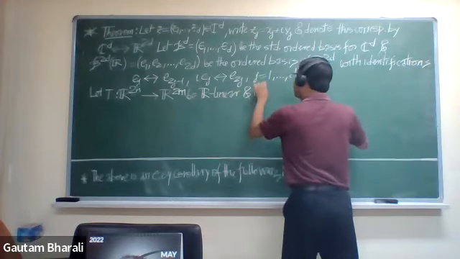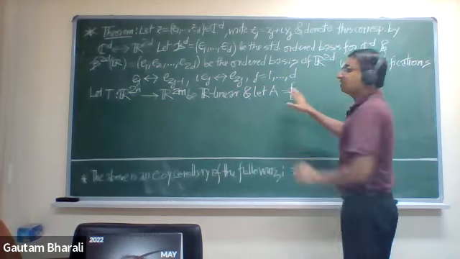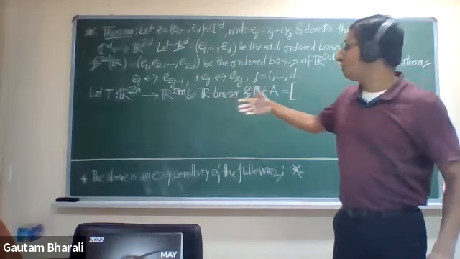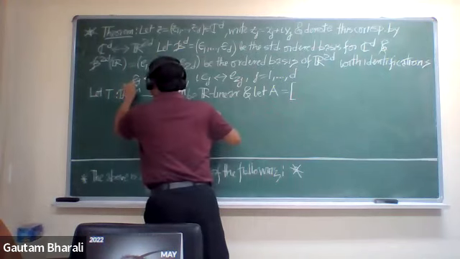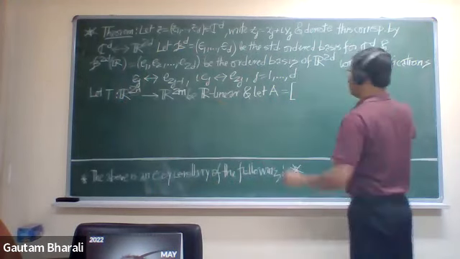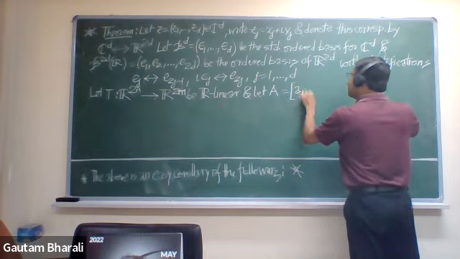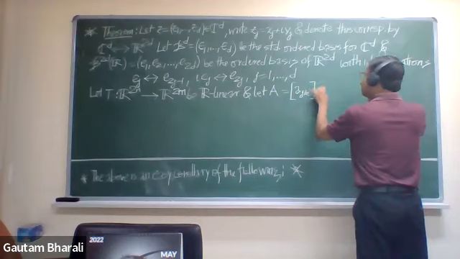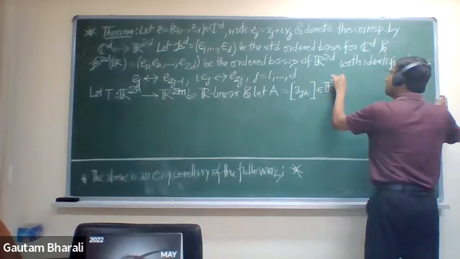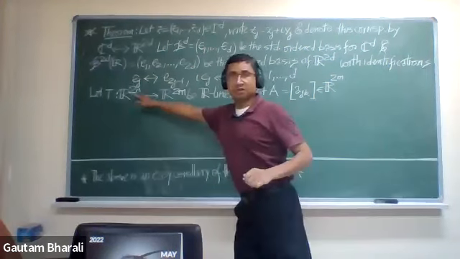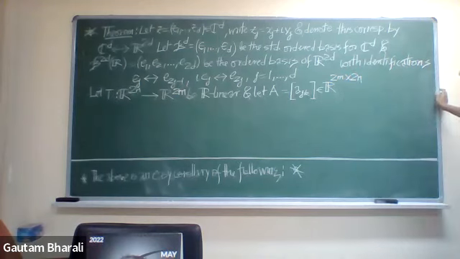And let A be the name I'm going to give to the matrix representation of T with respect to the ordered bases that I'm just going to name for you. So capital A is given as little a sub jk. Notice the dimensions: this is a 2m by 2n matrix.